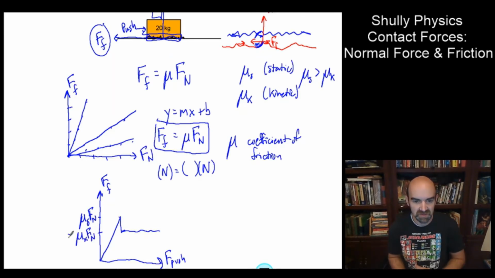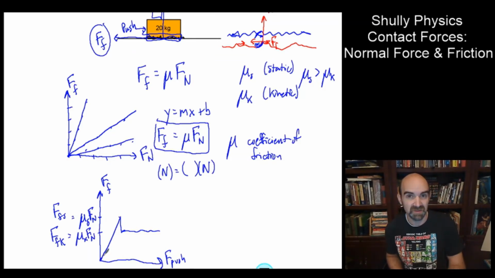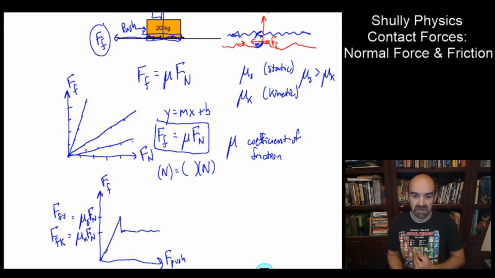You see, this is the kinetic friction amount, and this value is the static friction amount. Now, up here, do you see how the static friction responds to the push? Down here, the static friction is small, then it increases and increases. So this is actually a maximum static friction, a maximum static frictional amount, and how it relates to the normal force.